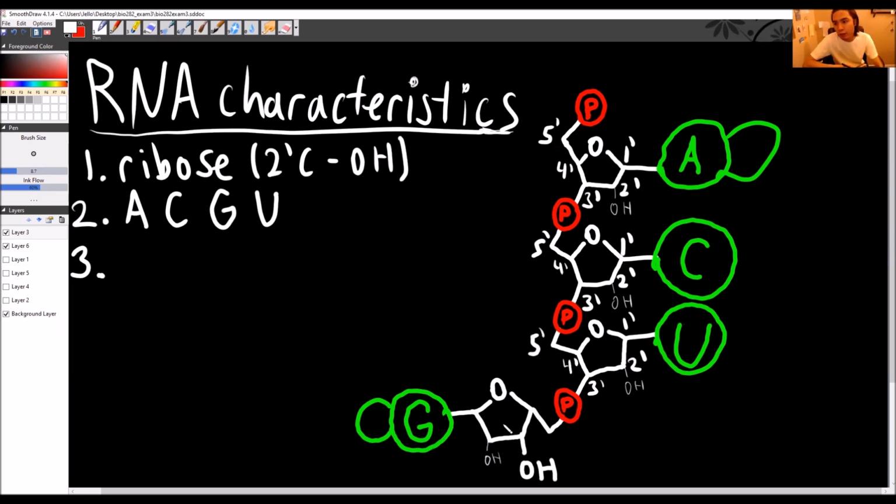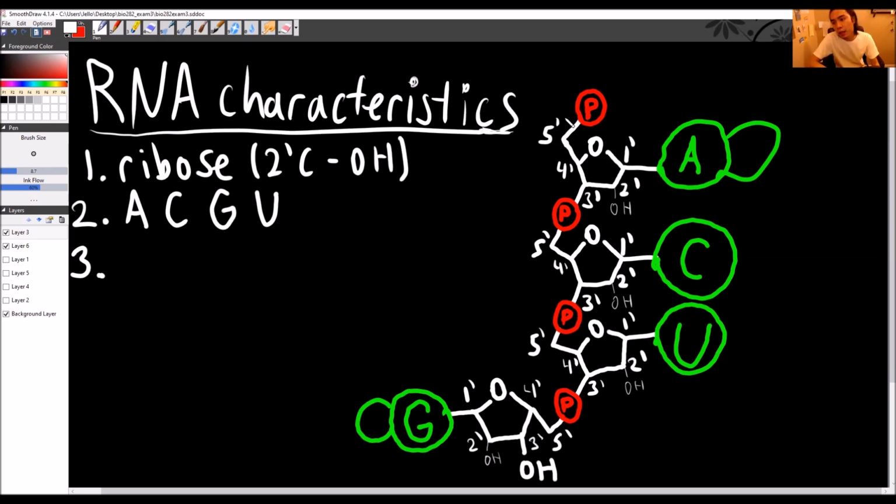I drew this one off to the side kind of wonky to show that in 3D space, DNA and RNA and like molecules are always twisting and turning, and they can turn across a bond. So this is still a valid depiction of it. You can just flip this 180 and then it would be in line with these, but labeling goes the same. We start with the carbon that is attached to our nitrogen base, so 1', 2', 3', 4', 5'.